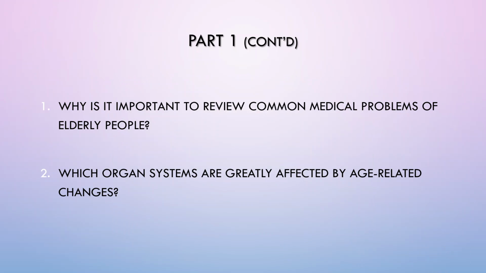Okay, why do you think it's so important to review the more common medical problems of elderly people? Why would this be something you want to go through with a new paramedic? Elderly populations are some of the largest consumers of medical resources. There are about 45 million Americans older than 65. That's more than 10% of the population.